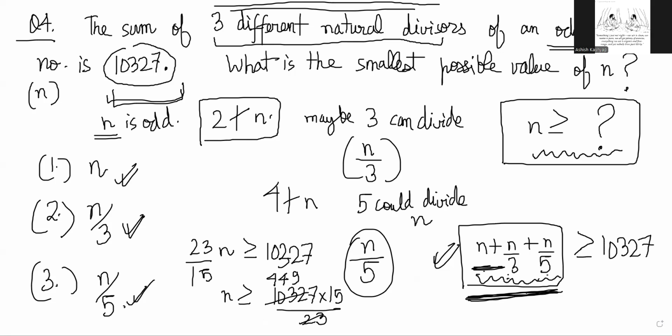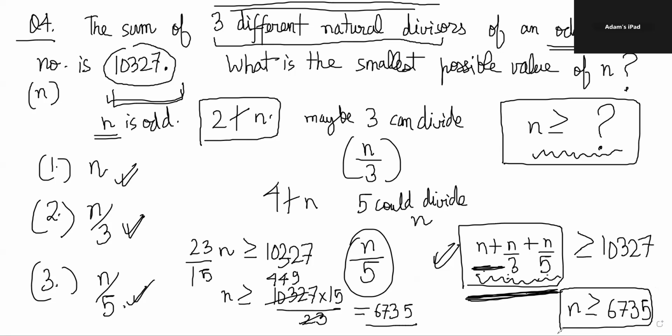And 449 into 15 you have to do now. That will come out to be 6735. You can calculate it and see. You're getting n is greater than or equal to 6735.